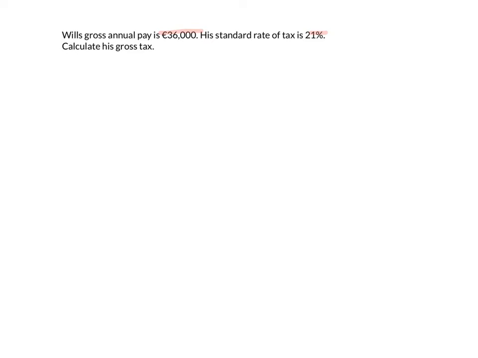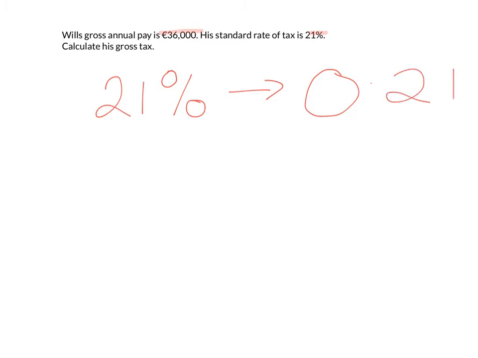But we have to be careful. When we're multiplying percentages, we have to convert them to decimals. So 21% as a decimal is 0.21. And all I've done to get that figure is divide it by 100. And then the rest is quite easy.